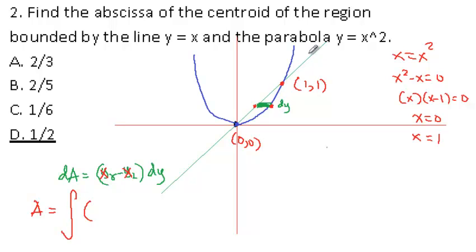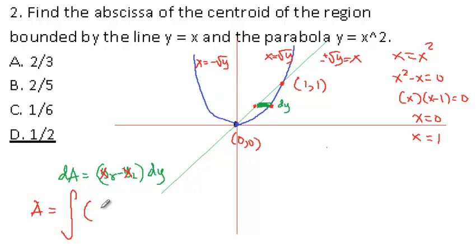We need to do one more step. From here, y is equal to x squared. Therefore, x is equal to plus or minus square root of y. That means clearly this side is x equals square root of y, and this side is x equals negative square root of y.